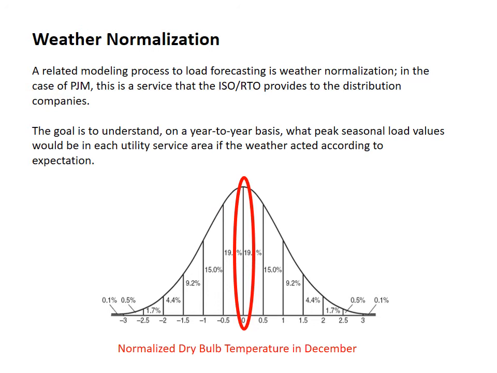Now, a related issue, and this is a little more esoteric, that doesn't matter as much in terms of peak load forecasting, but this is a useful related process: weather normalization, right?